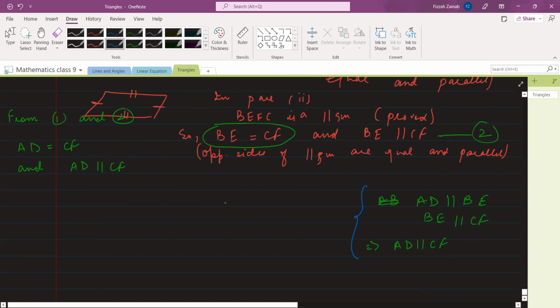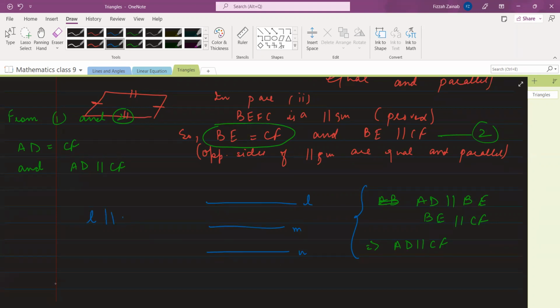What is the theorem? For example, you have three lines, right? L, M, N, right? So I'm saying that the line L is parallel to M. Clear? And I'm saying that line L is parallel to N. So the theorem is that if two lines are parallel to the same line, understand?